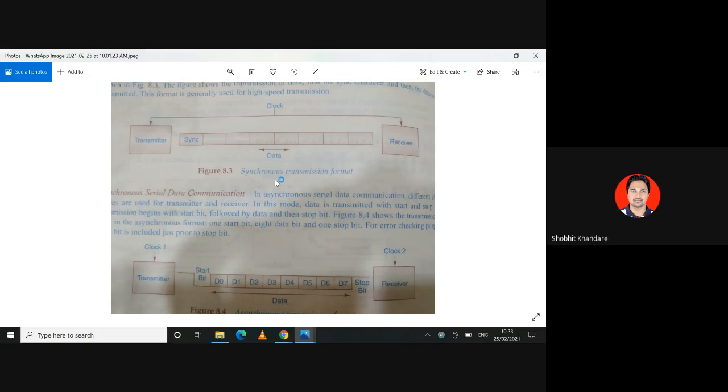Therefore, for one bit, transmission time equals 1 second divided by 9600, and it comes to be 0.104 millisecond.